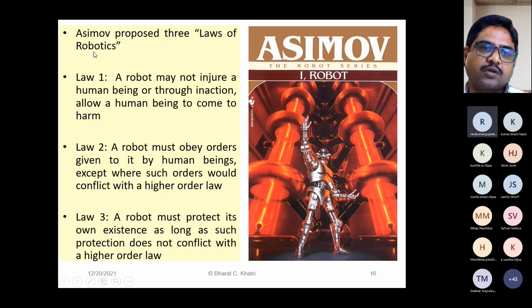This is the first important law, the highest order law. So a robot should not injure anyone, and also by any inaction it should not allow any human being to come to harm. Second, a robot must obey the orders given to it by human beings. So it should obey the orders.